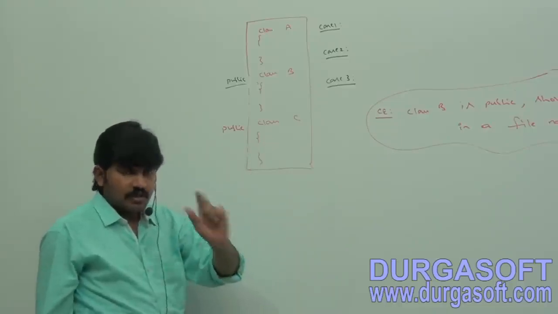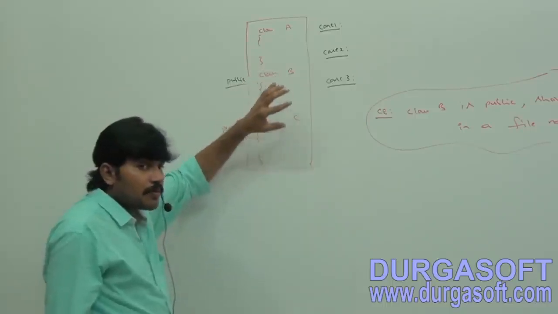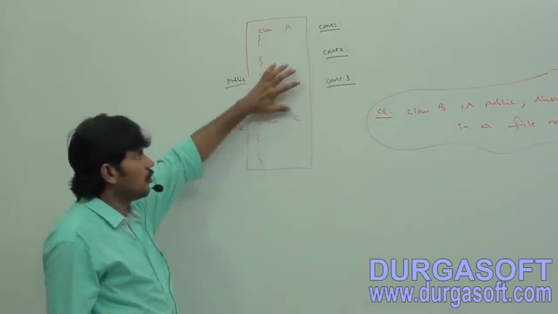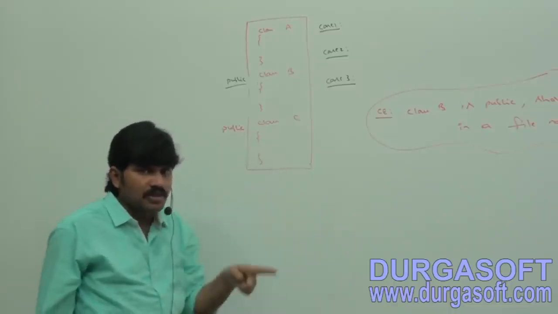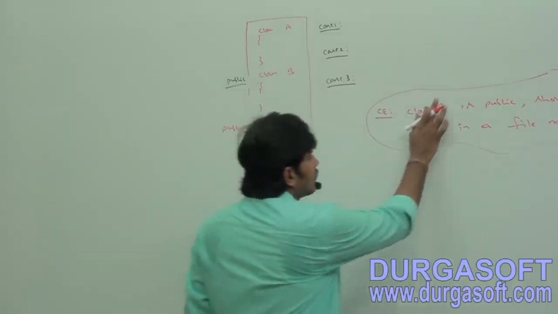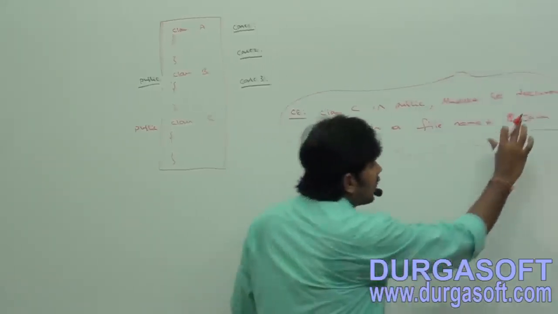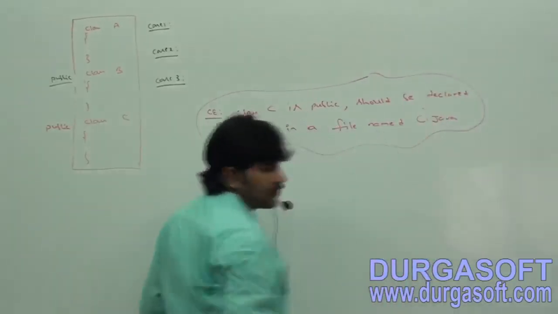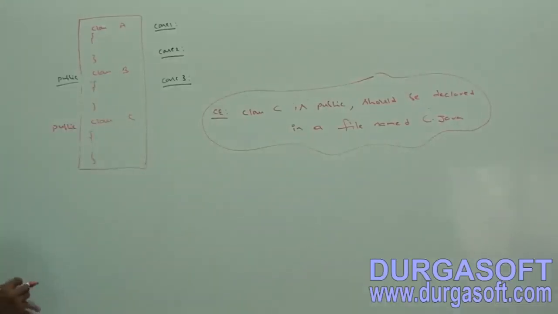Class B is public and the name is B.java, so no problem. But class C is public and the name of the program is B.java, that's why the problem is coming. The compile time error is: class C is public, should be declared in a file named C.java.